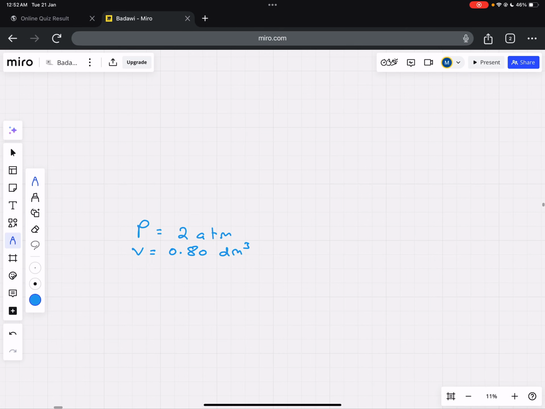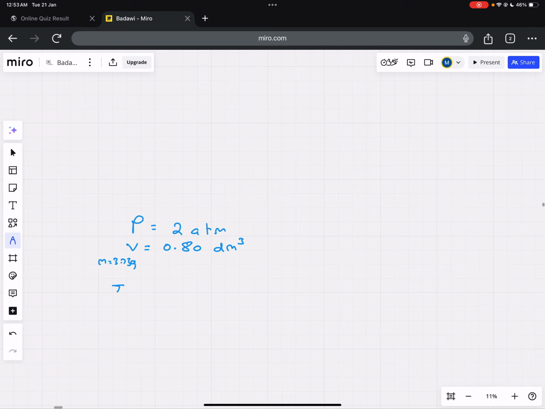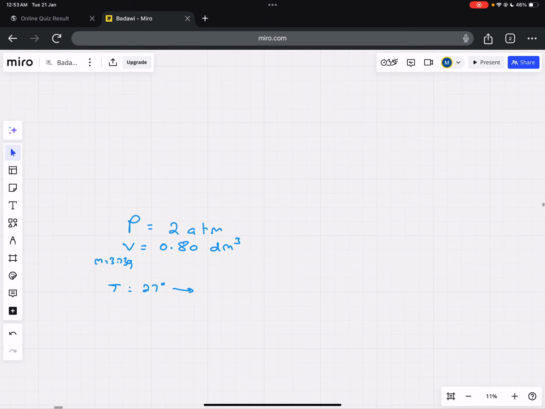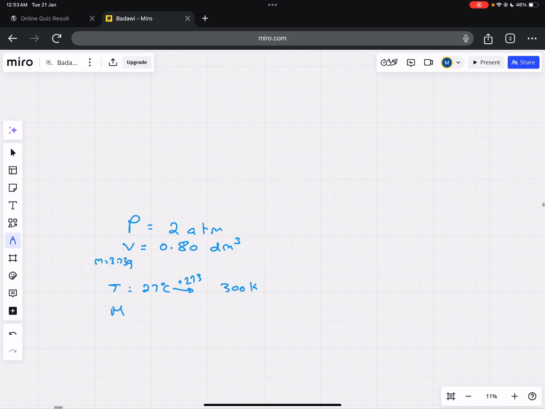I have 3.73 grams, so mass is 3.73, and the temperature is 27 degrees Celsius. Before I write 27 degrees Celsius, I will directly convert it to Kelvin, which I just add 273, so it will be 300 Kelvin. And what they're asking for is the molecular mass. Okay, this is the first step I would do.